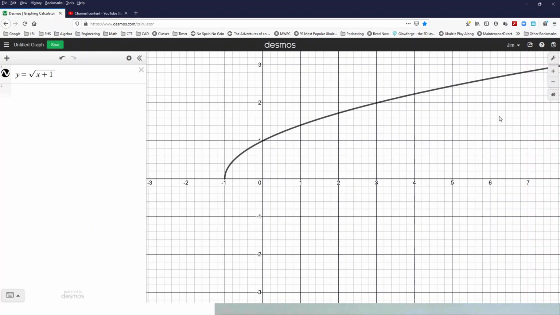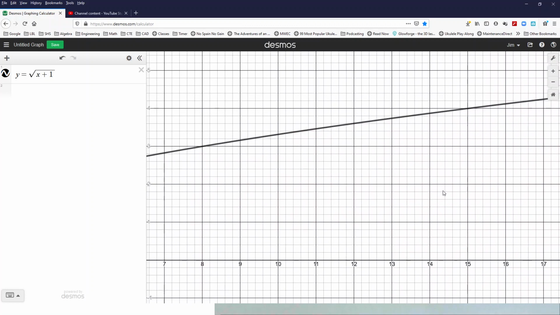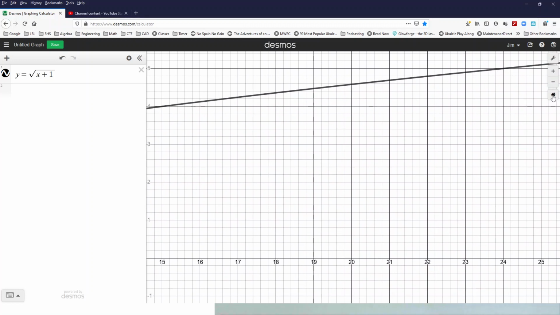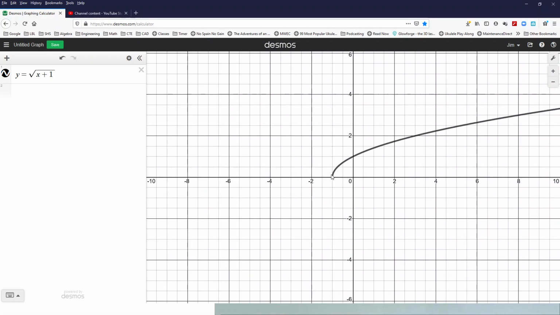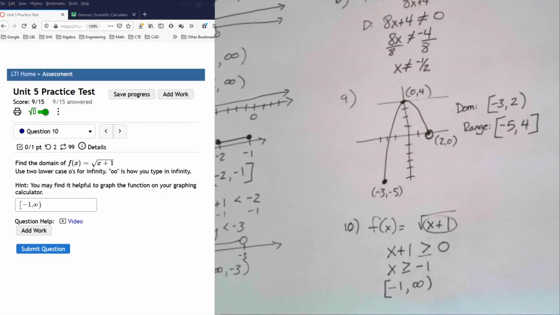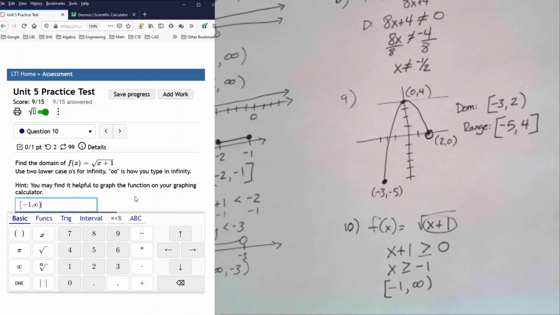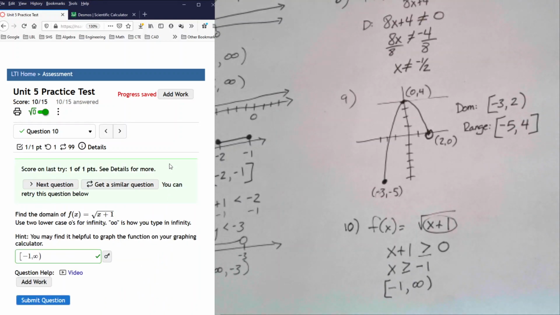It keeps going to the right, and it never ends. So you can see that the x values go from -1 to positive infinity. So that's what we saw when we did it algebraically. Okay, so -1 to positive infinity. So go ahead and submit that.